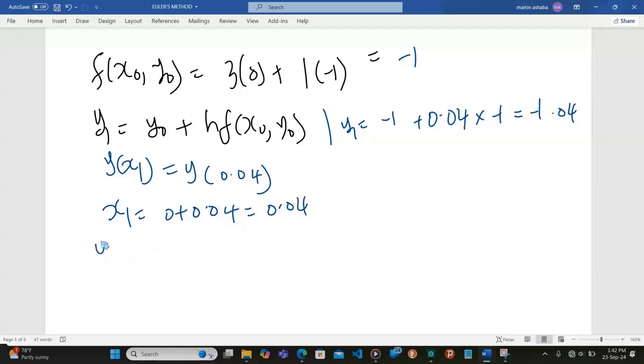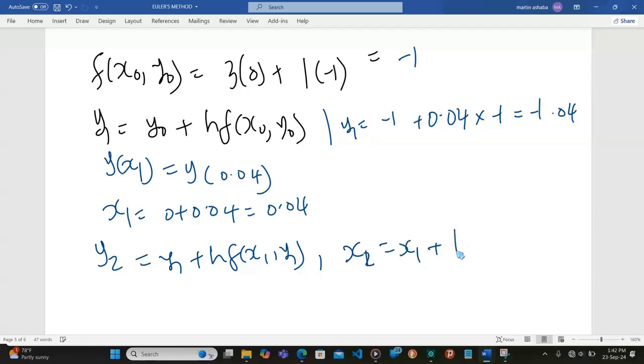So let's look for y2. y2 will be y1 plus h f(x1, y1), where x2 is equal to x1 plus h, and this is going to be 0.04 plus 0.04, and x2 is equal to 0.08.